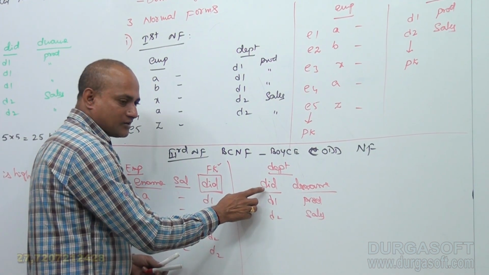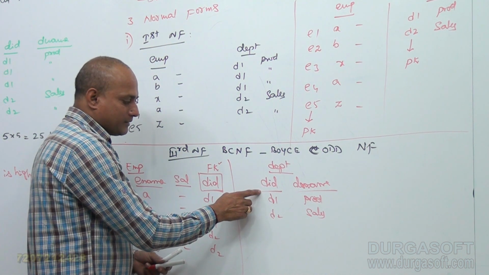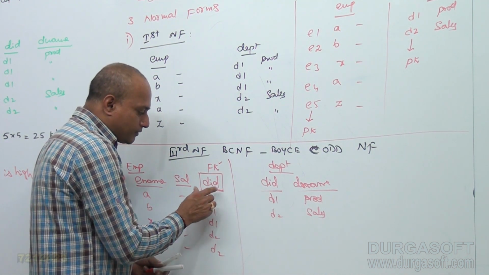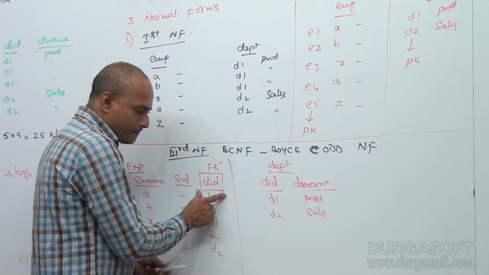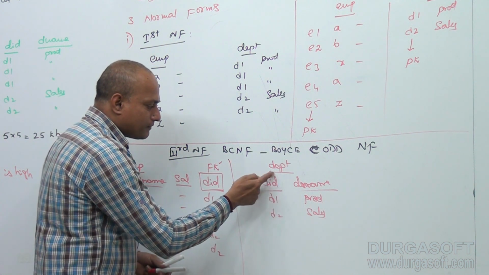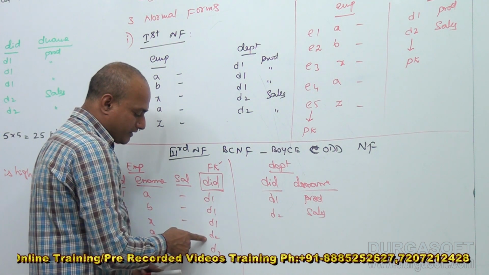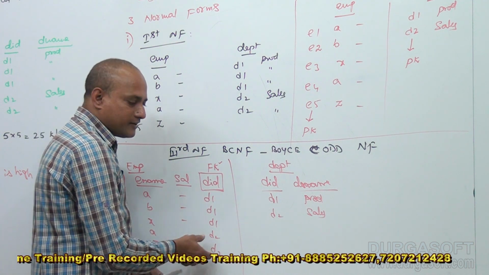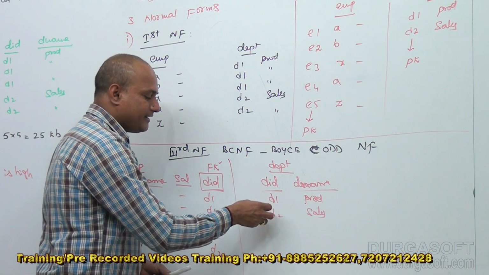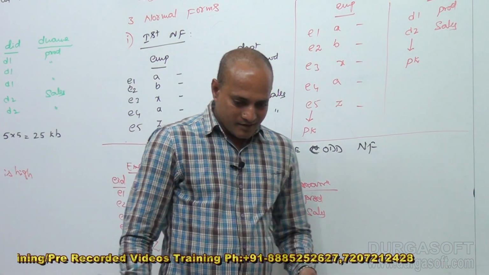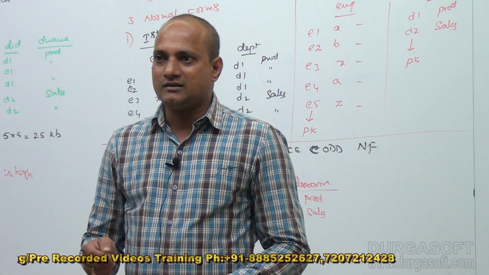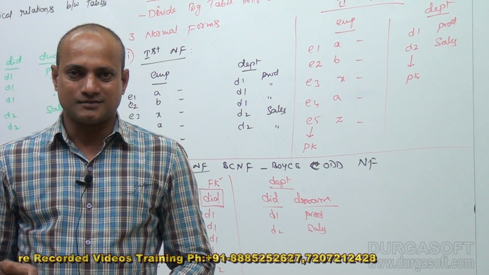From this column, the DEPT primary key column. So the foreign key column in the EMP table takes the values from the primary key of DEPT. So that's why it is taking department 1, 1, 1, 2, 2. It will not accept other than D1 and D2 values.